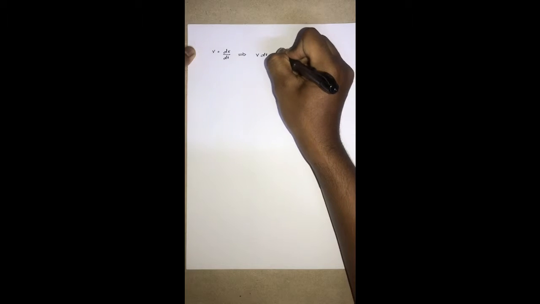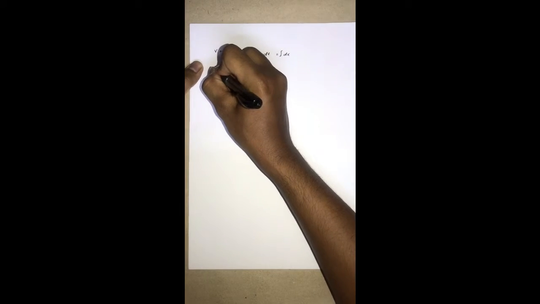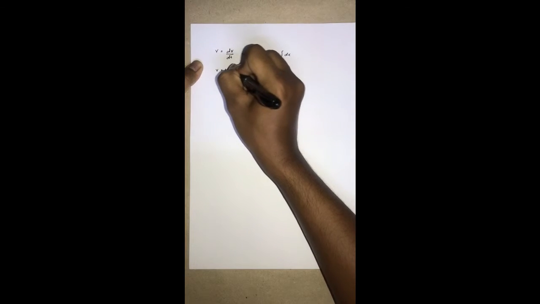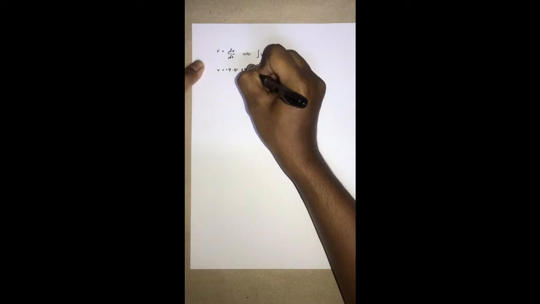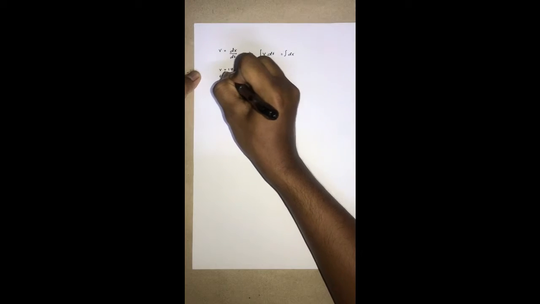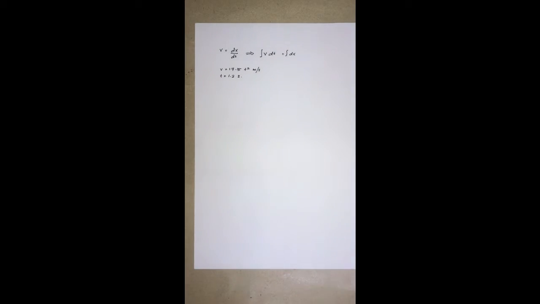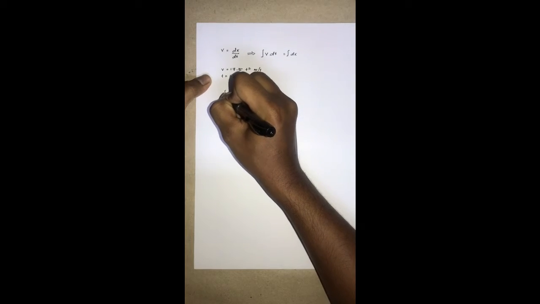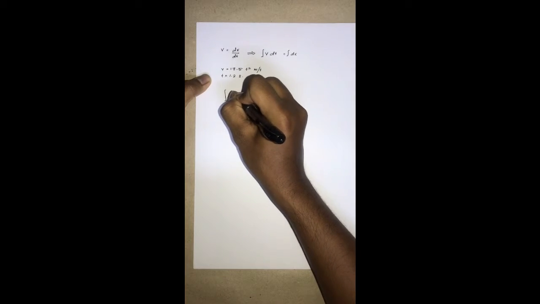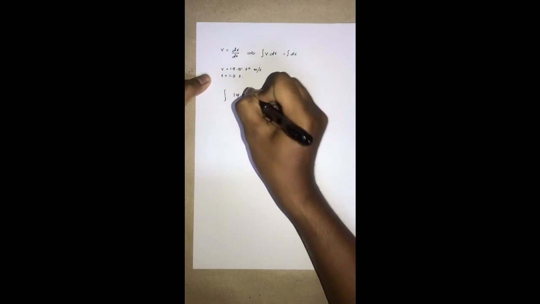We get v dt equals dx, and we know that the velocity of the ball given in the question is 17.5 t² meters per second.